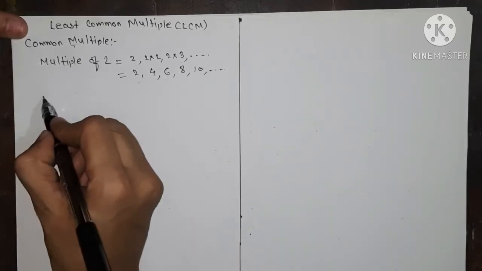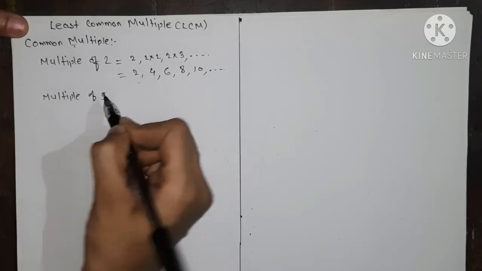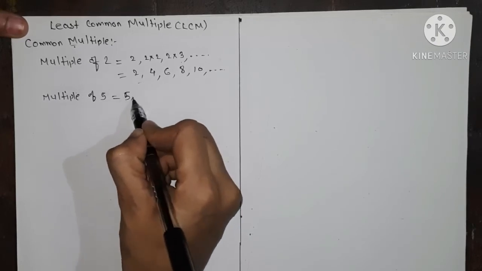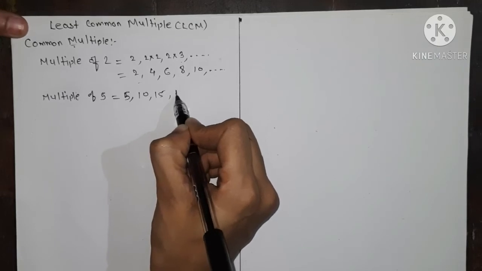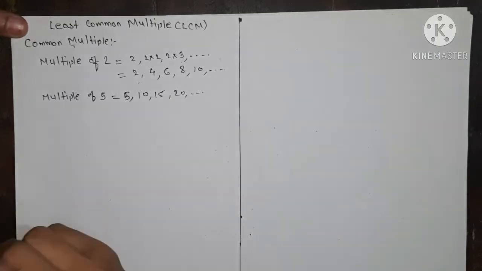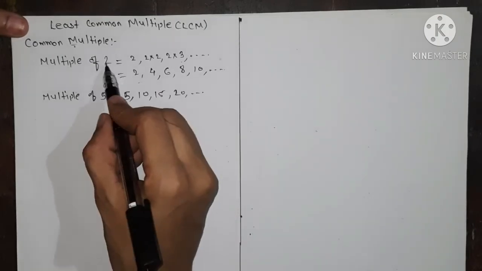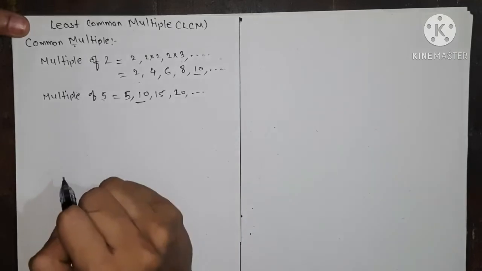Similarly, what are the multiples of 5? The multiples of 5 are 5, 10, 15, 20, and so on. So here the common multiple of 2 and 5 is 10.